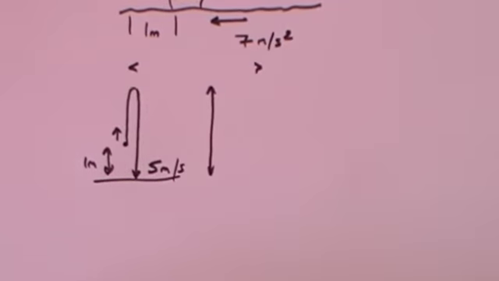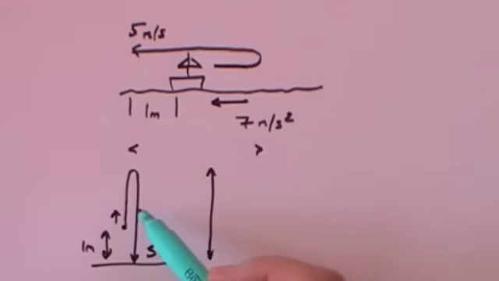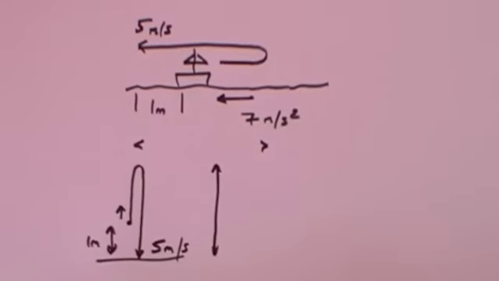It's exactly the same question, it's just horizontal rather than vertical, and instead of gravity being 9.81, which it would be here, it's actually only 7 as far as the stream is concerned.